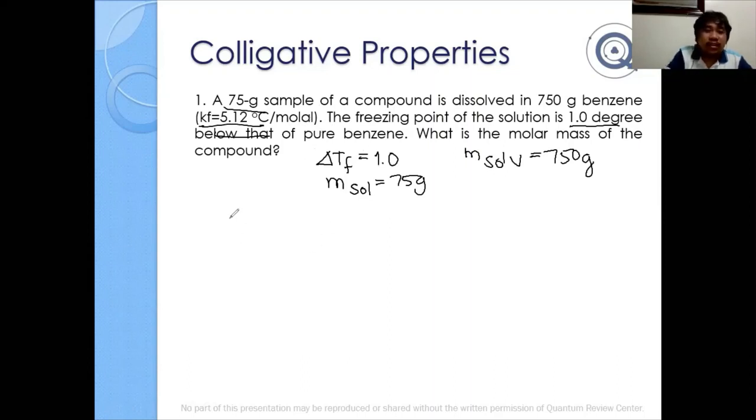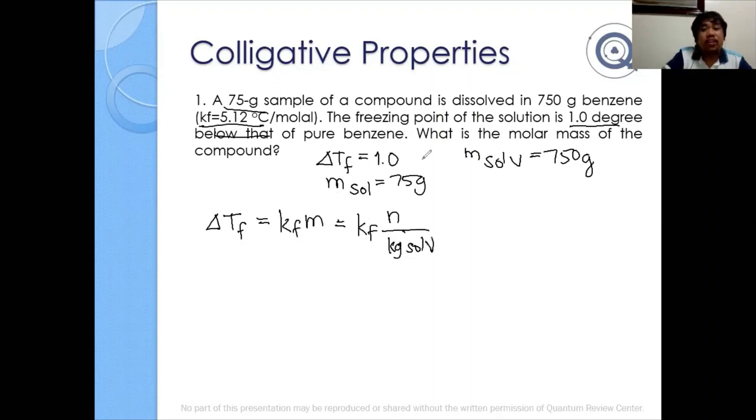So what will we do here? You can derive the formula, or you can also use shift solve. Remember, the equation is delta TF equals KFM, and your M here is not mass. Take note of that. Although they have the same notation, the M in the equation is molality. So we still have to convert the molality. Remember, molality is moles over kilogram of solvent, specifically kilogram of solvent.